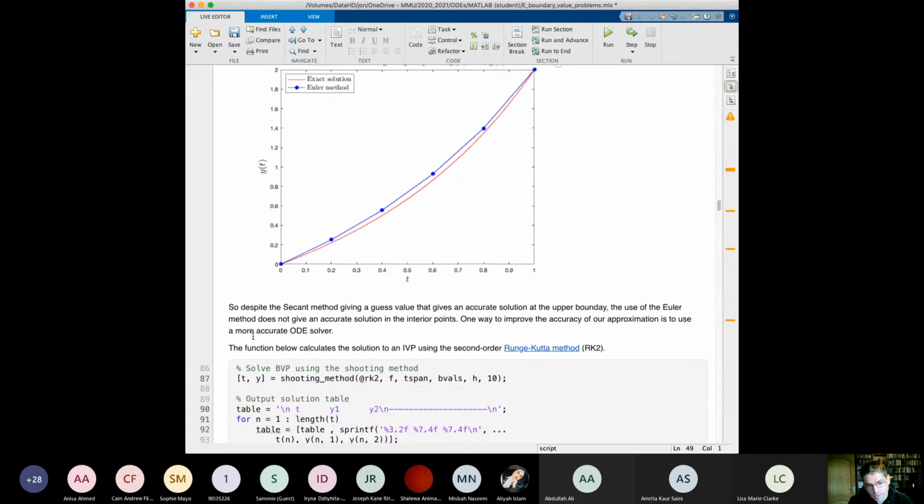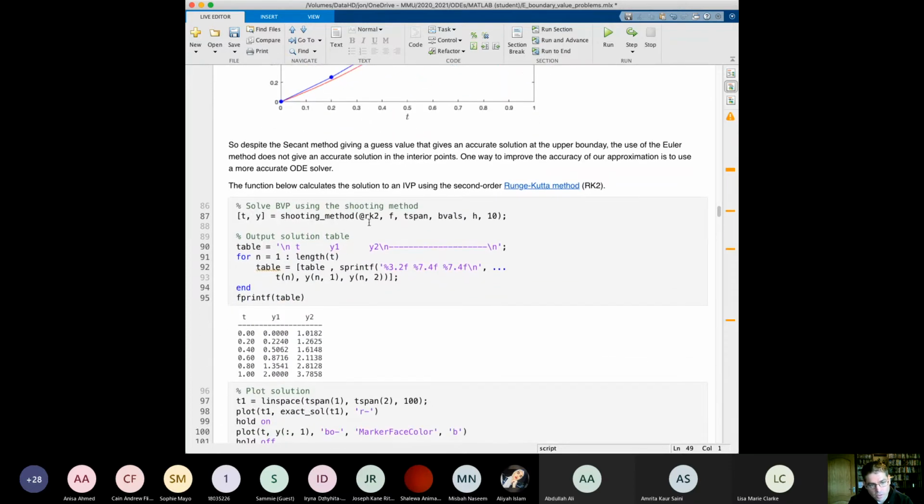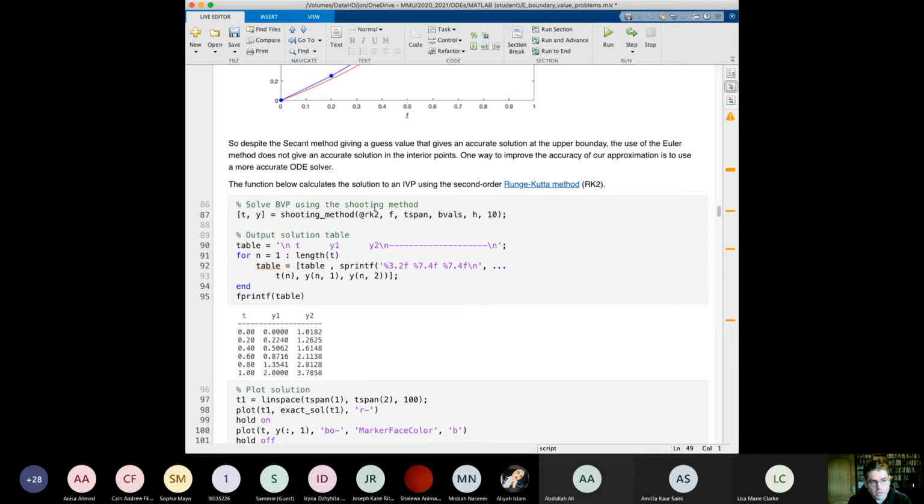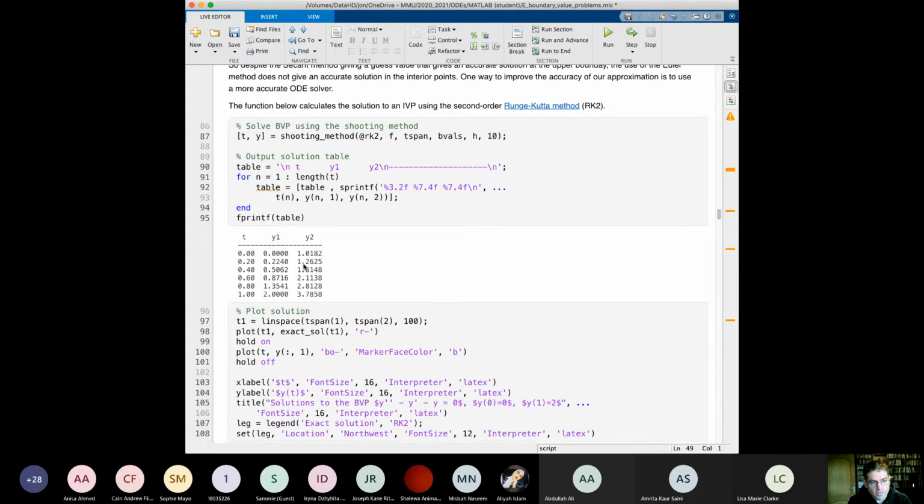A simple solution to that is we can use the second order method, or a higher order method. In this case, I've chosen a second order method within our shooting method. You can see we've hit the upper bound target of 2, and this time the initial guess value was 1.0182.